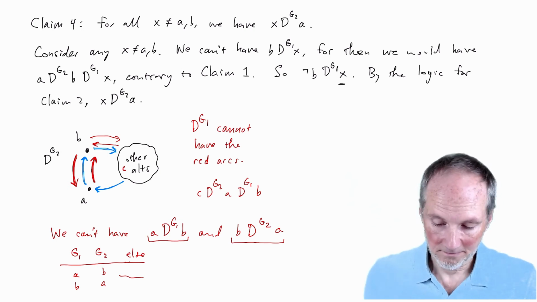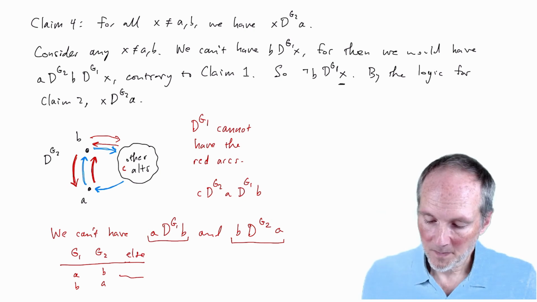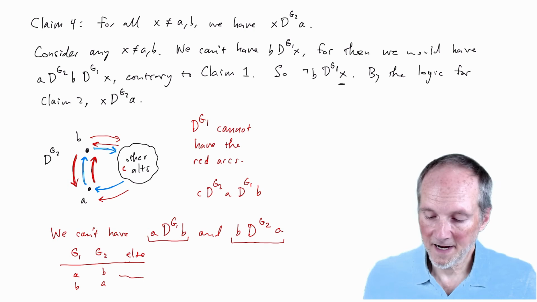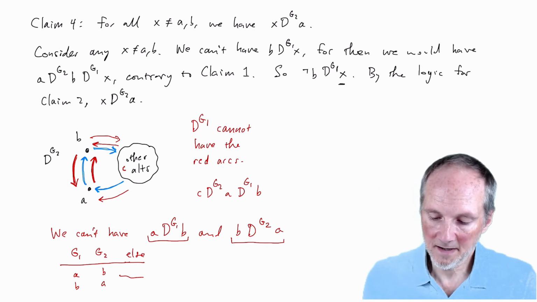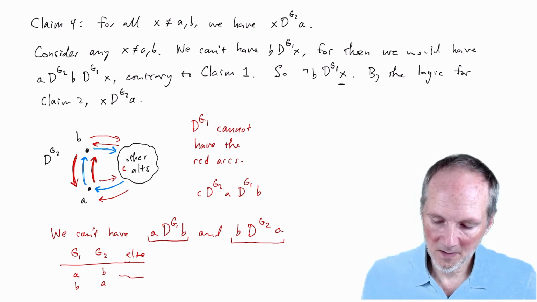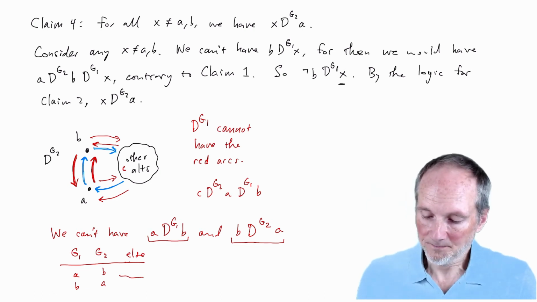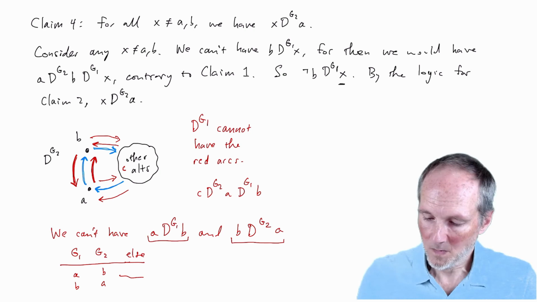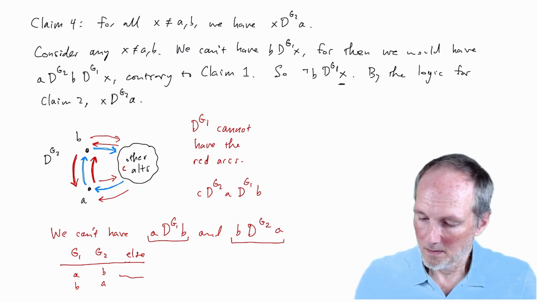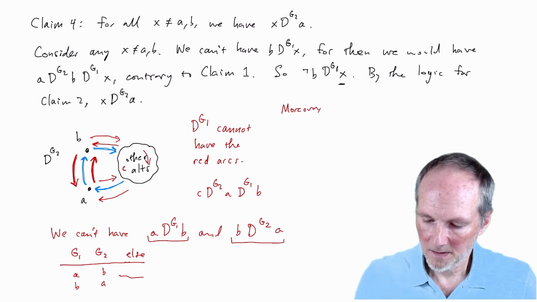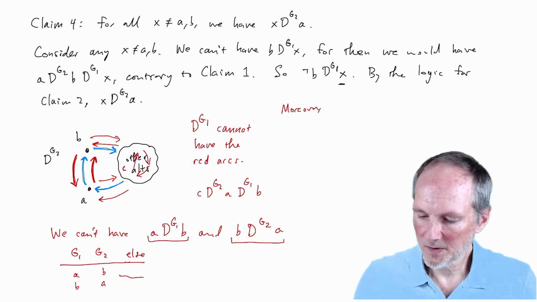Just following this logic, the decisiveness relation for G1 can't have any arcs going from C to A, and it can't have anything going against the blue arc. As well, there can't be any arcs between these other alternatives, okay?